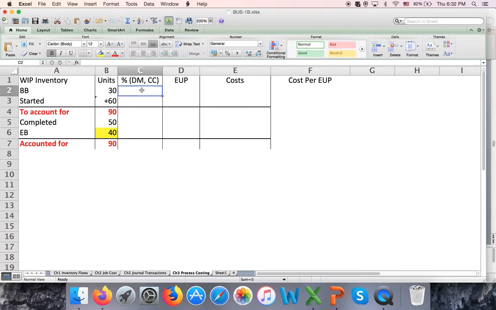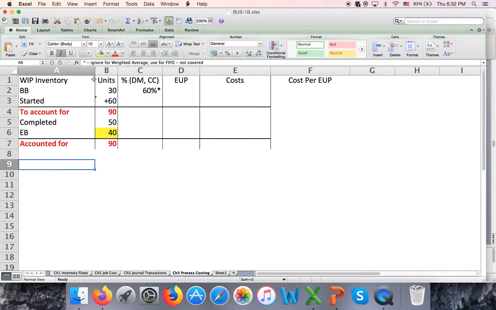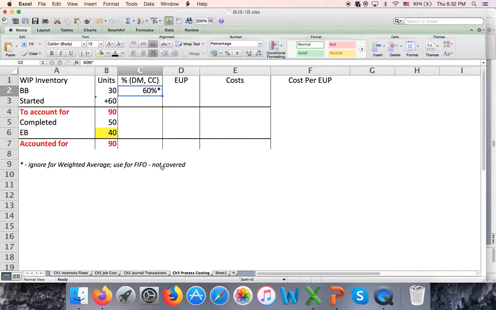Okay, so the units will be given to you, and then the percentages will be given to you, like right here, and I'm making it up. It would say, well, out of the beginning balance, these cookies were 60% complete. But I will say here, this 60% complete, let me put here this asterisk. What I mean right here is that, for the purposes of the weighted average, ignore it.